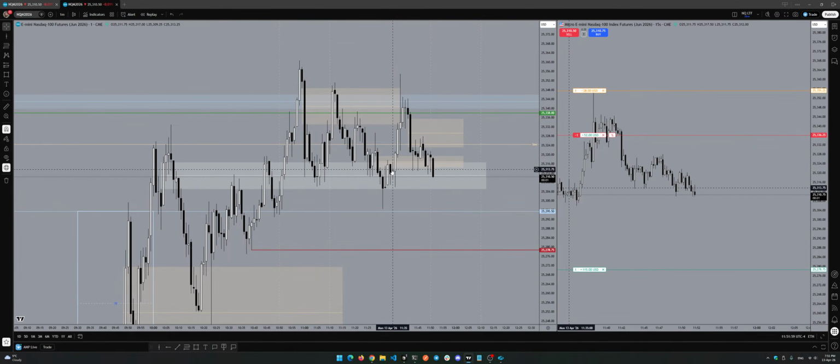Bullish order block. Silver bullet. Closed at the midpoint. Now I need to close below.